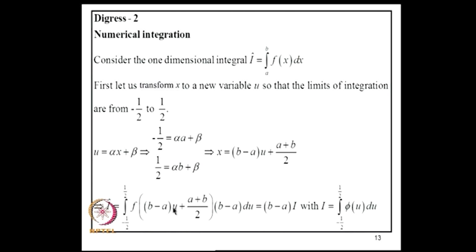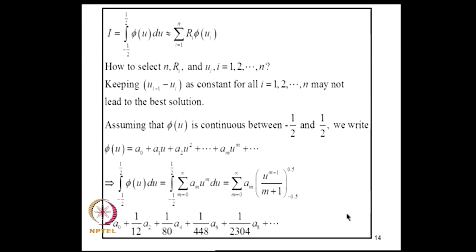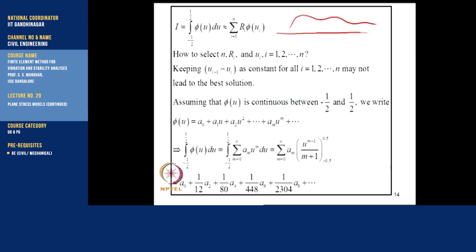So, I call this f of ((b minus a)u plus (a plus b)/2) as φ(u) du. So, we will focus our attention on discussing how to evaluate this integral. Now what I wish to do is, I have this function φ(u) and this is my u axis from minus half to plus half.